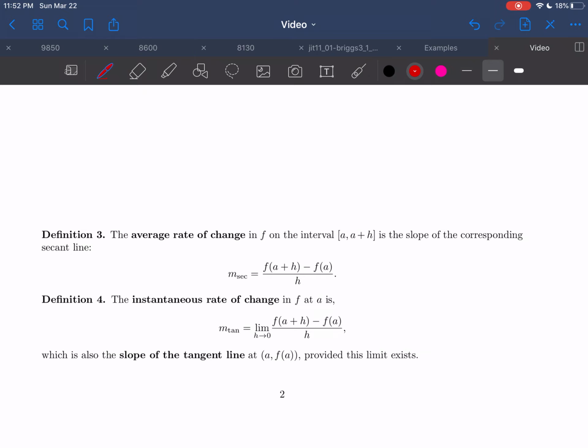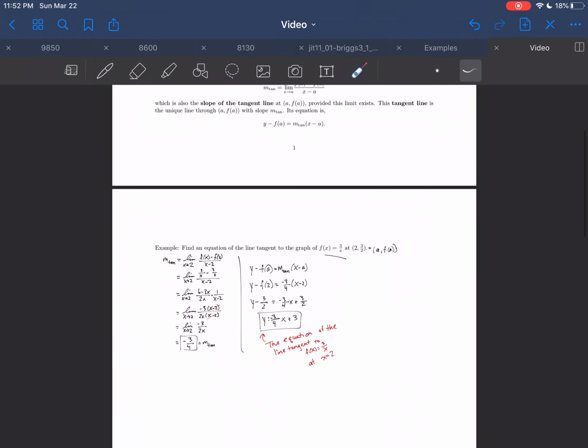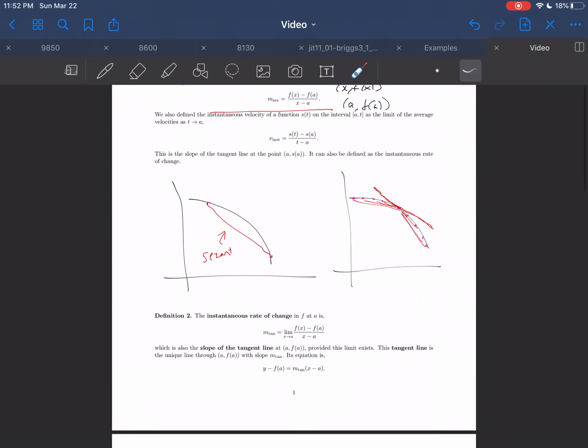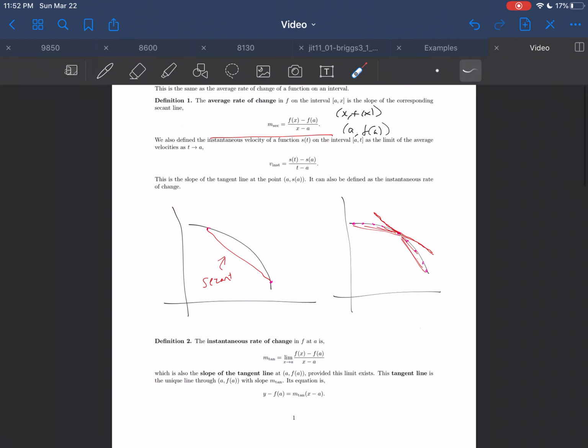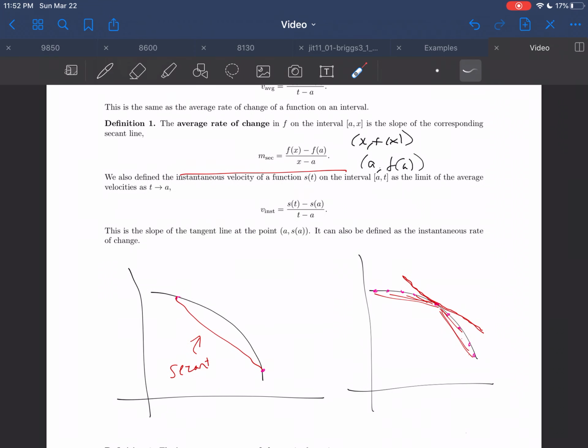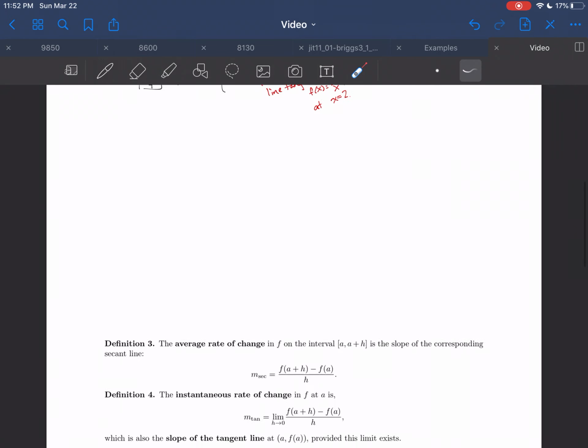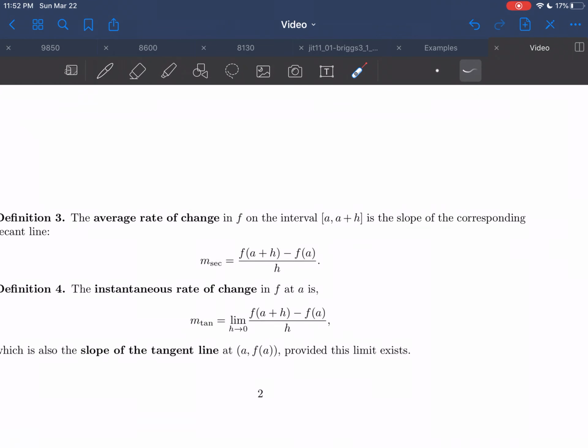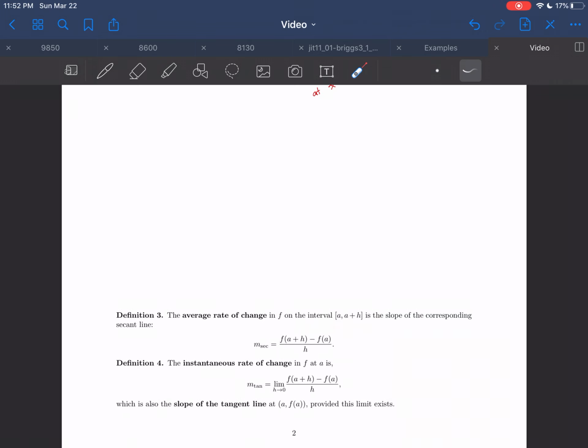If we look at some function, and instead of looking at it on an interval from a to x, what we used, where we knew a but we didn't know x, this time we look at it on an interval from a to a plus h. So now we're going to know a. We don't know h. So h is just the difference.